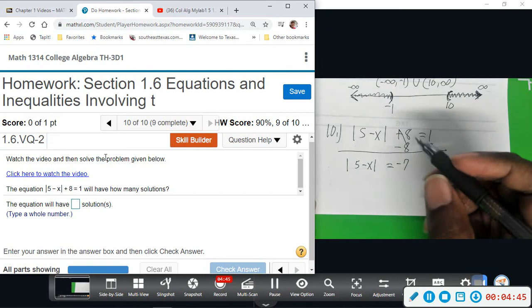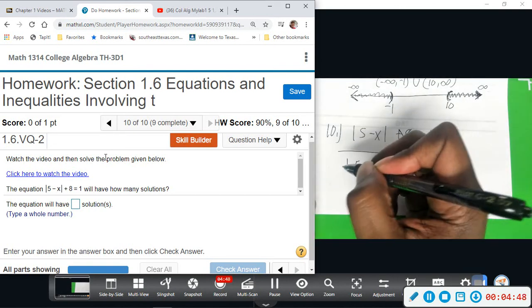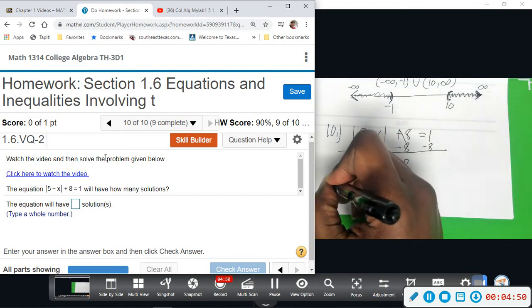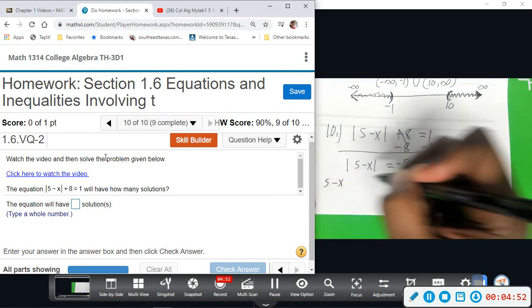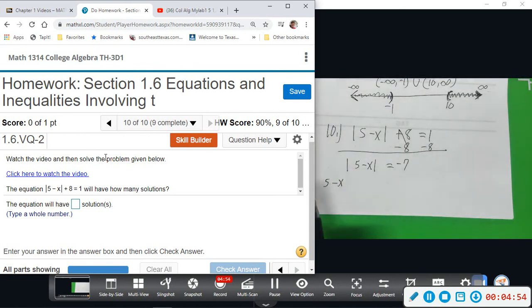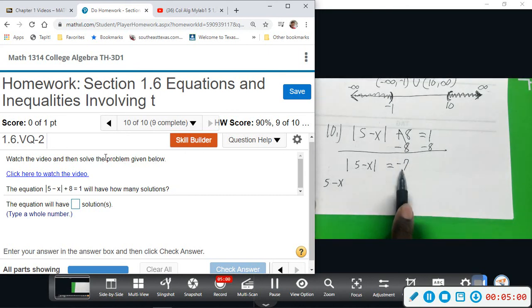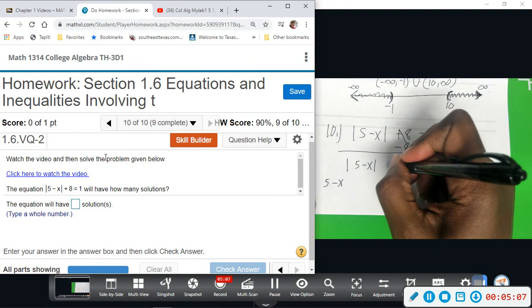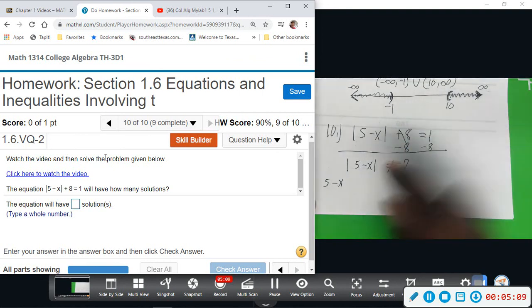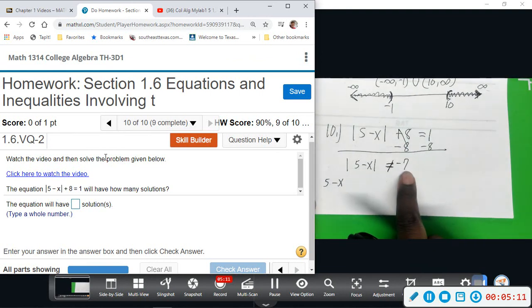Alright, so the 2 problems will be 5 minus x. Now, before I go on, hopefully if you notice, once we isolated the absolute value, this is equal to a negative number. So what I'm doing here doesn't even matter. I was just going to set it up, but you're not going to get a solution because your absolute value is set equal to a negative number.